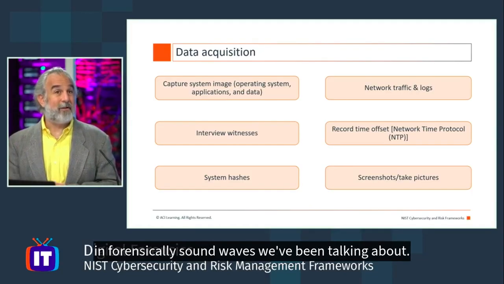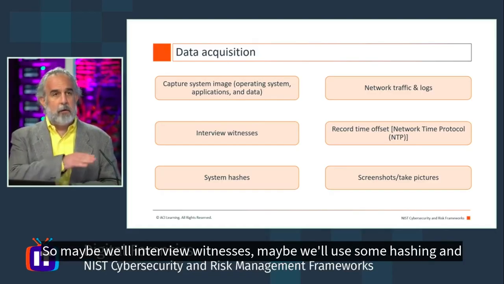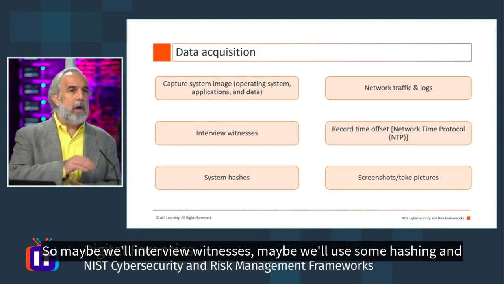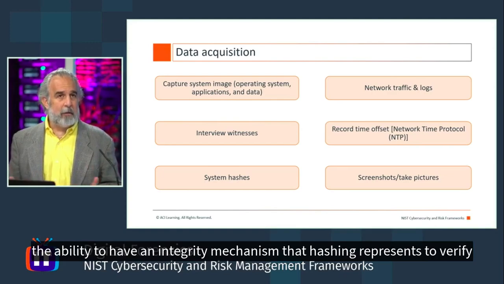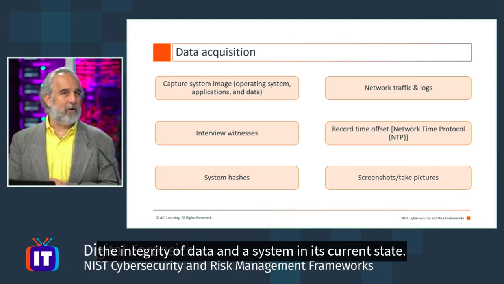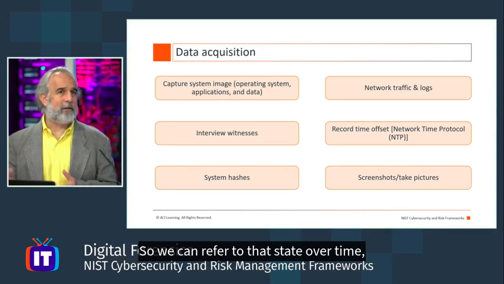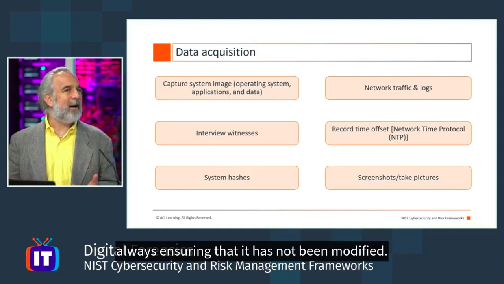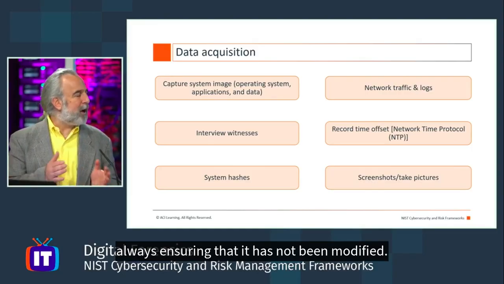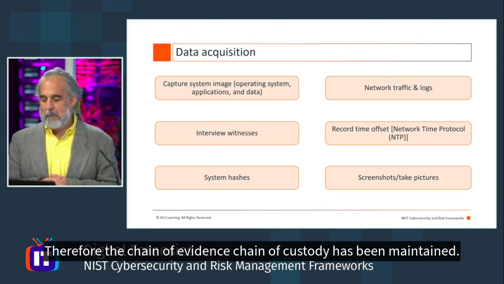Remember to do so in forensically sound ways we've been talking about. So maybe we'll interview witnesses. Maybe we'll use some hashing and the ability to have an integrity mechanism that hashing represents to verify the integrity of data and a system in its current state so we can refer to that state over time, always ensuring that it has not been modified. Therefore, the chain of evidence, chain of custody has been maintained.